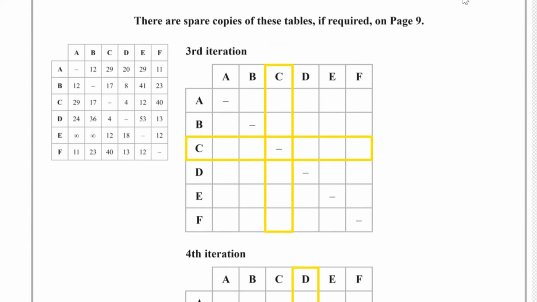Now for convenience, here we've got the 2nd iteration where the B's remain the same.